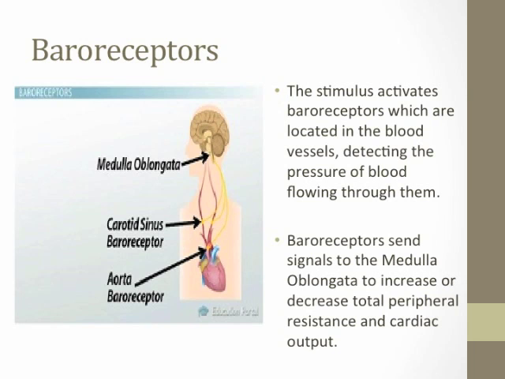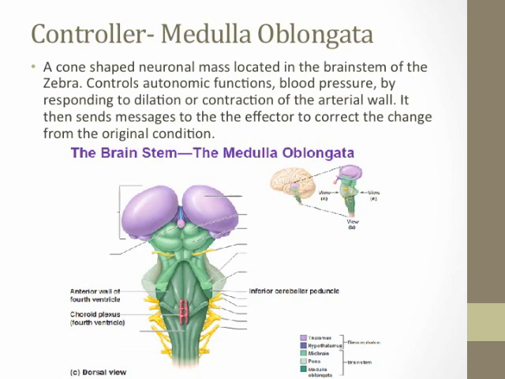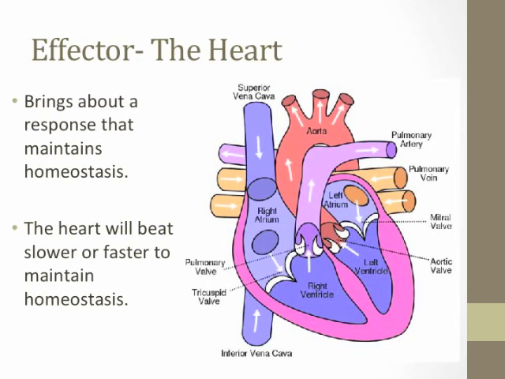These baroreceptors send signals to the controller, which is the medulla oblongata that controls the autonomic functions of the zebra. The medulla interprets information and sends instructions off to correct the change. Instructions are sent to different areas of the autonomic nervous system, which controls functions of the heart. The heart will be the effector of the system, showing a response that maintains homeostasis.